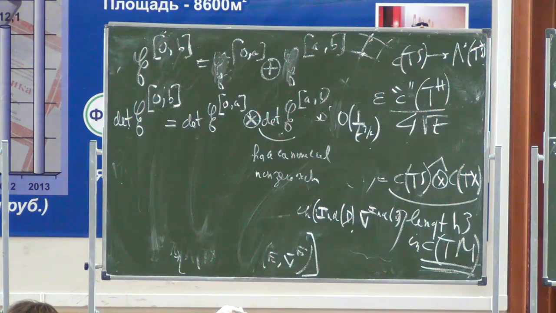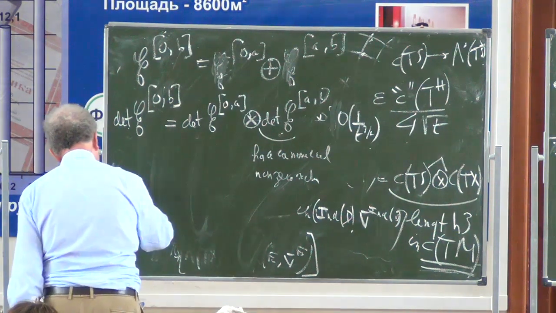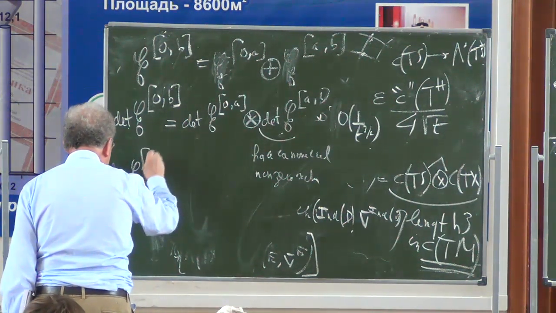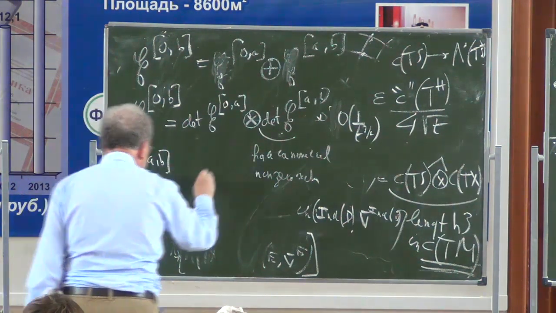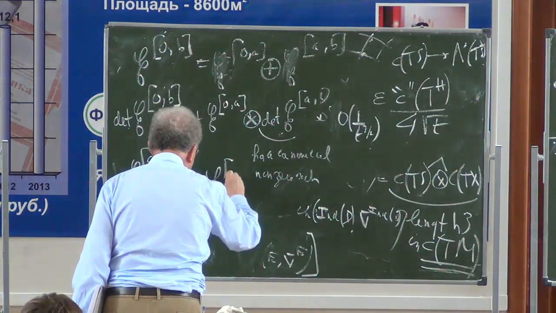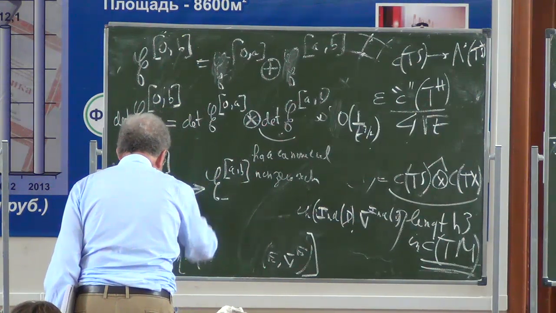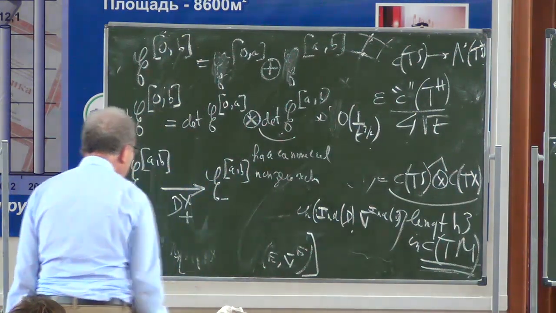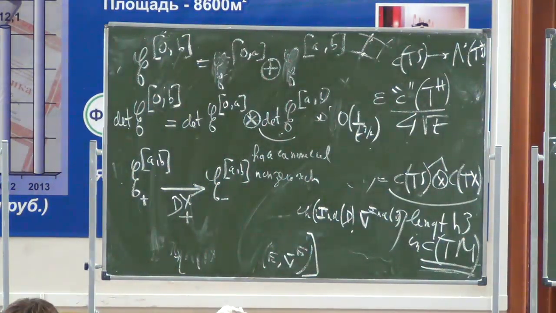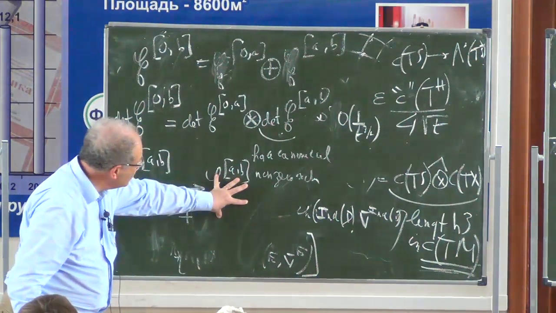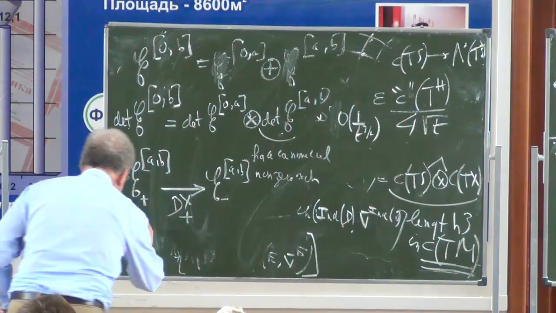Well, this is because actually when you look at E plus AB and E minus AB, there is the map dx plus. Because dx plus commutes with ddx squared, it maps E plus AB into E minus AB, but it is also an isomorphism.